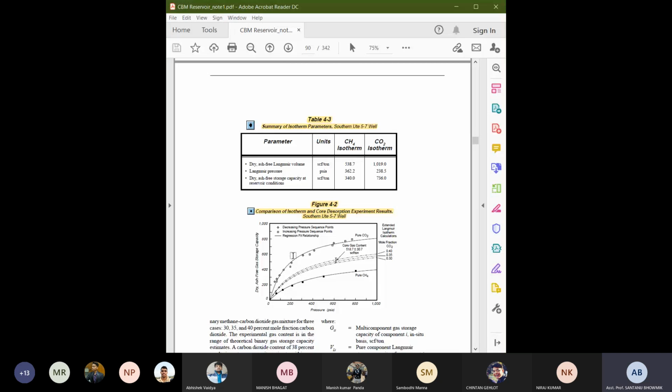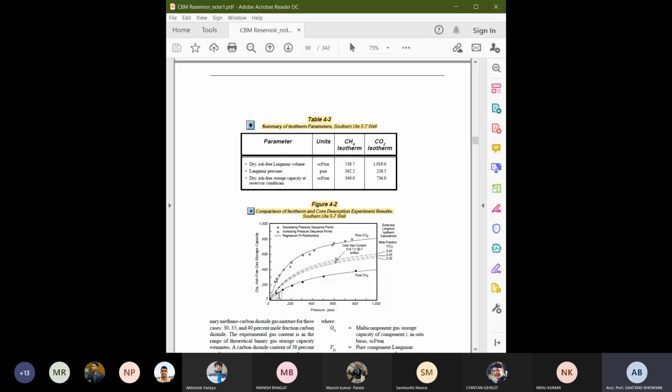Okay, and at some initial points, you may find that it is not only 2 times, it may be increasing up to 3 times or 4 times, if you look at the ratio of methane and carbon dioxide adsorption at the initial stages. So the ratio of methane and carbon dioxide is not always maintained as 1:2, the way I have told you earlier.